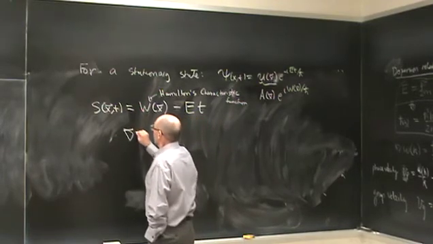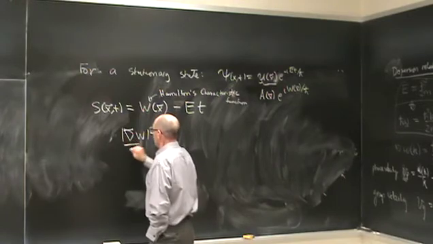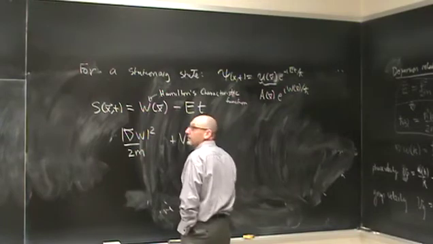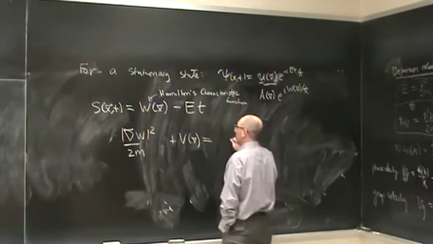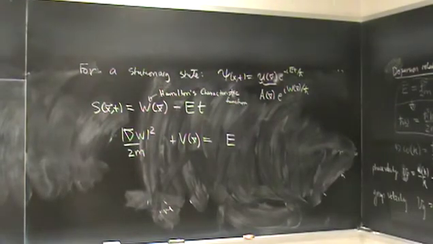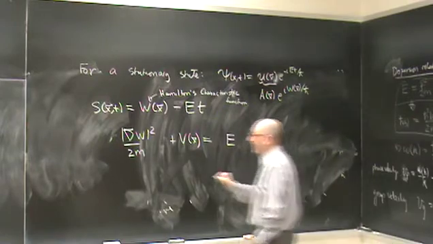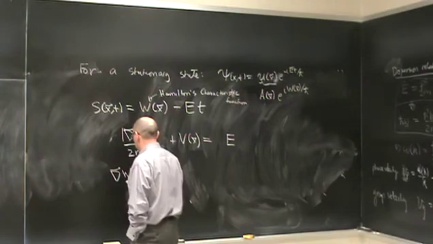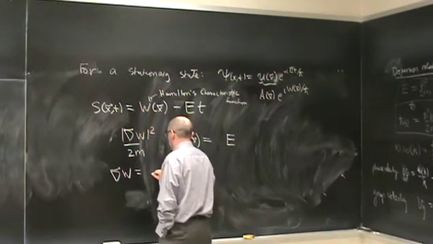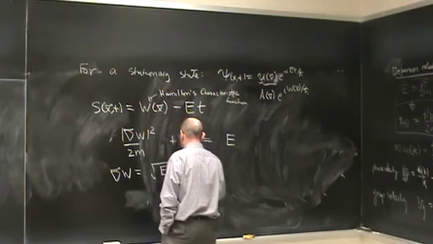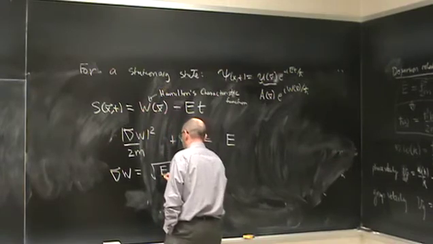The gradient of W squared plus V of x is equal to E. That's to say that the gradient of W is the square root of two m times the energy minus the potential energy.